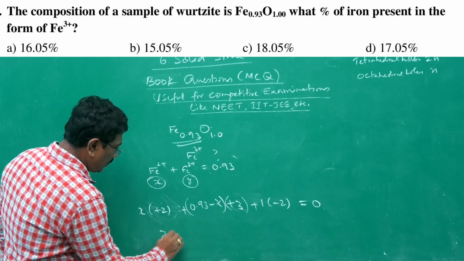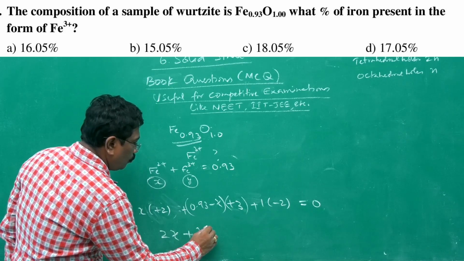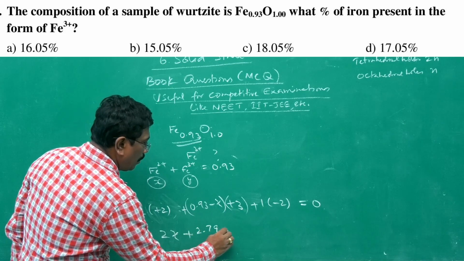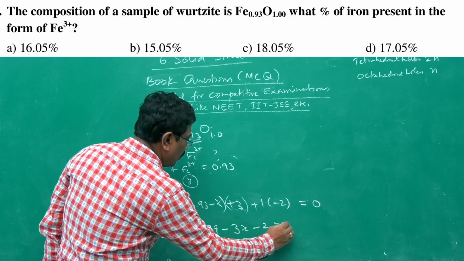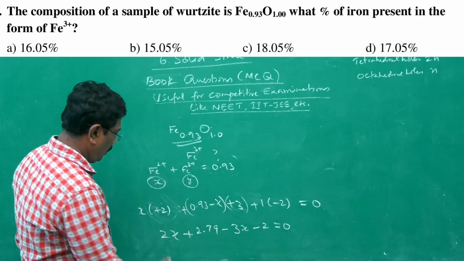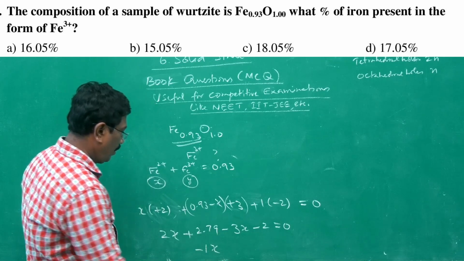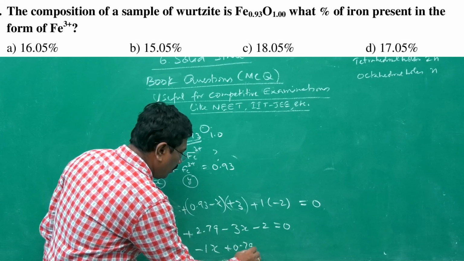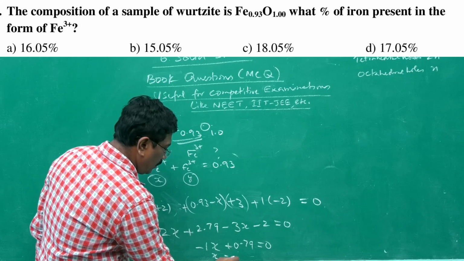So 2X plus 2.79 minus 3X minus 2 is equal to 0. That means minus 1X plus 0.79 is equal to 0. That means X is equal to 0.79.